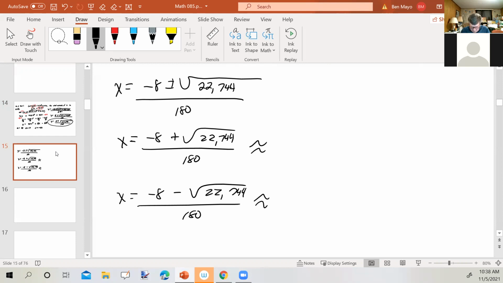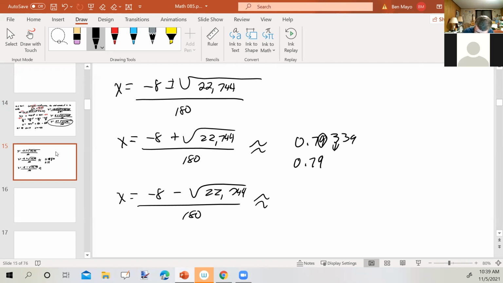So let's take a look at the first one: parentheses, negative 8 plus the square root of 22,744, close up the radical, close up the entire thing, divided by 180, and we get 0.79339, etc. Rounding to the nearest hundredth, the 3 would round down, so we're going to get 0.79.